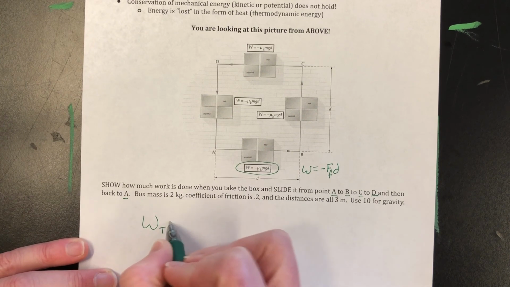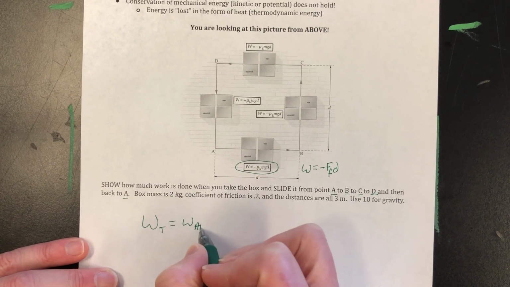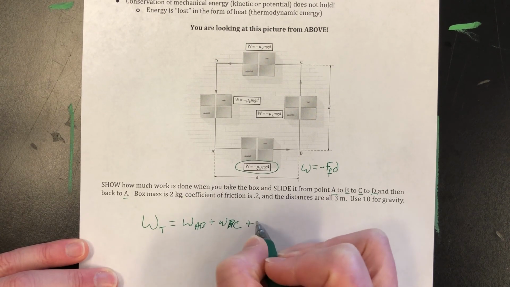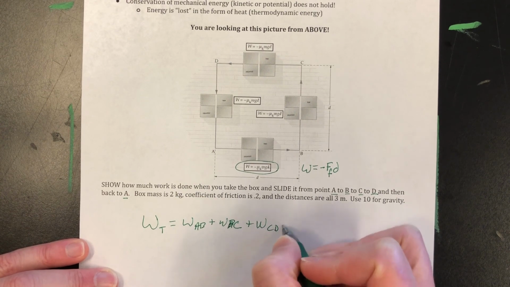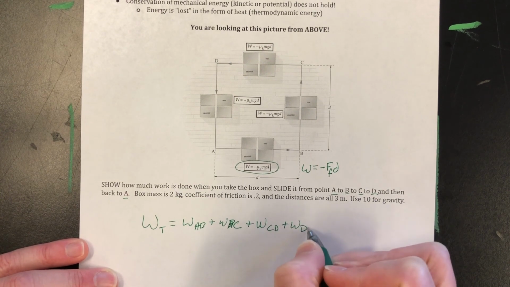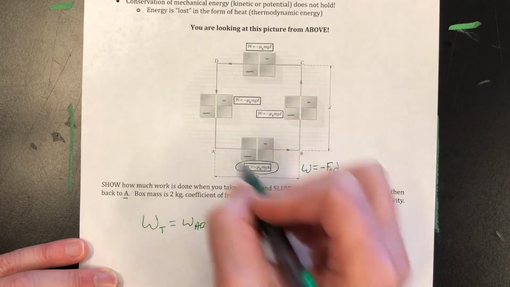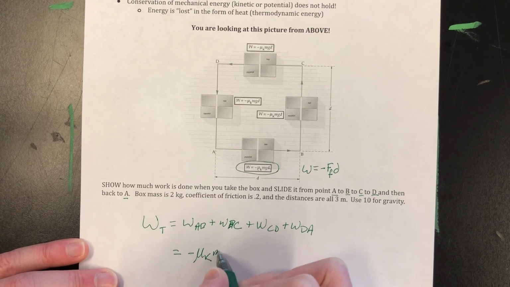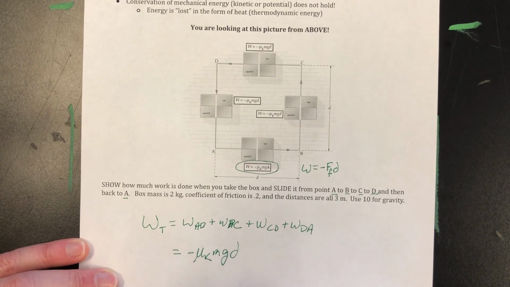So the total work here is the same thing we did before, work A to B plus work B to C plus work done from C to D plus work done from D back to A. So I'm going to do each one of these. Notice that our equation here for A to B is negative mu K, that's our coefficient, times m times g times the distance.